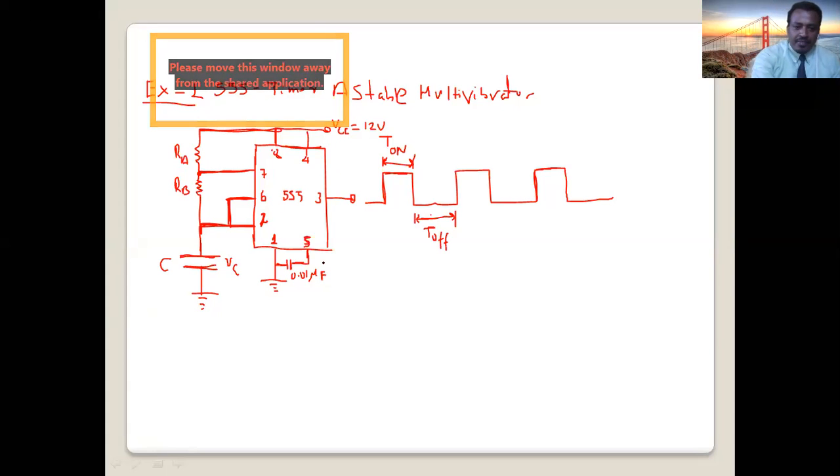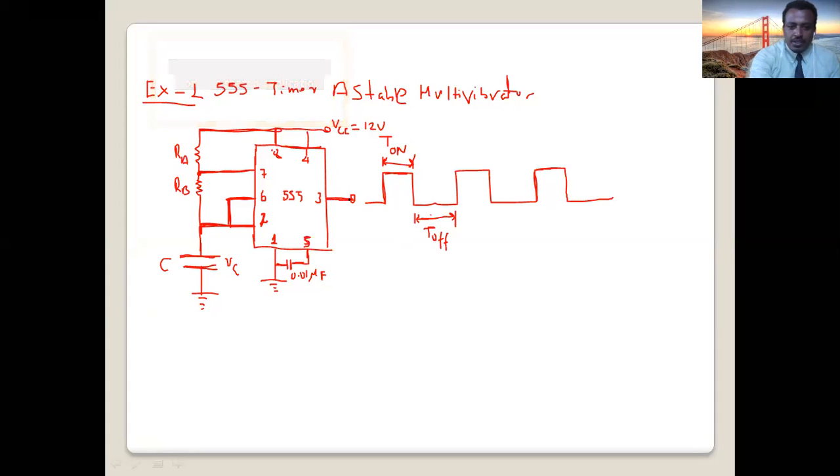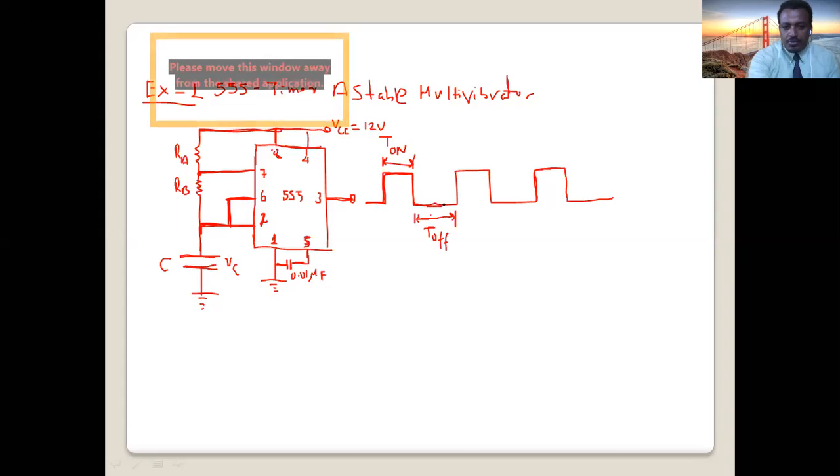So in this case, when you give the battery, the output will be this square waveform, on and off, and so on. Okay, now what will be the on period?